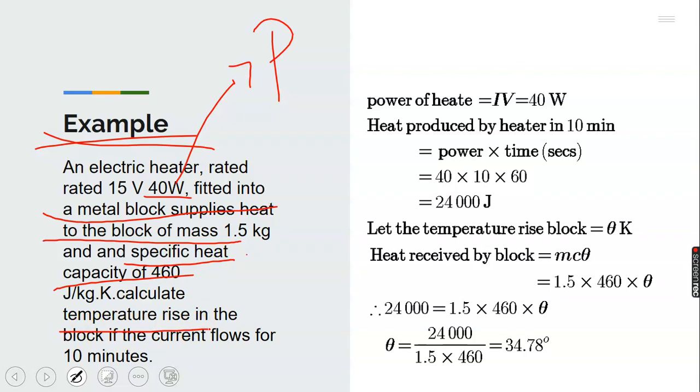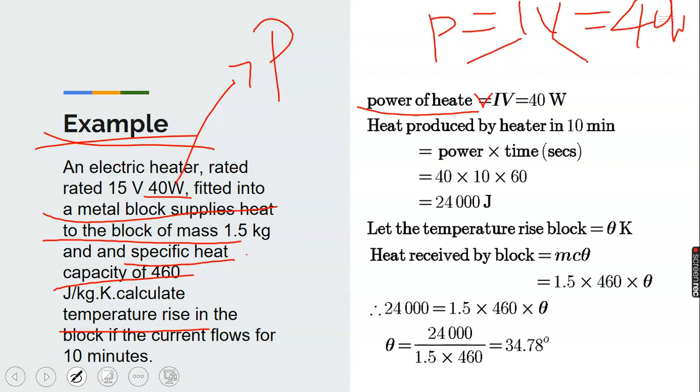Now, power rating, power of heater equals 40 watt. I said that P equals IV, and it has been given as 40 watt. Unless you are given current and voltage separately, but here you're not given current, so you have been given power. You don't need to stress yourself, just use the 40 directly.